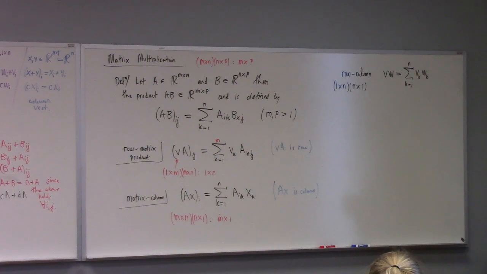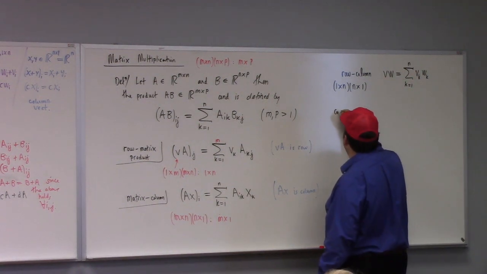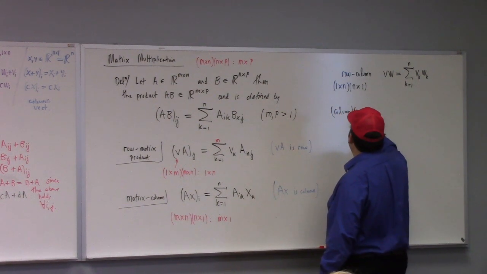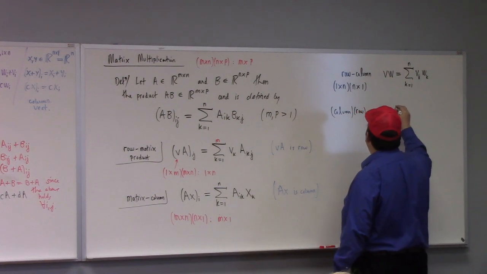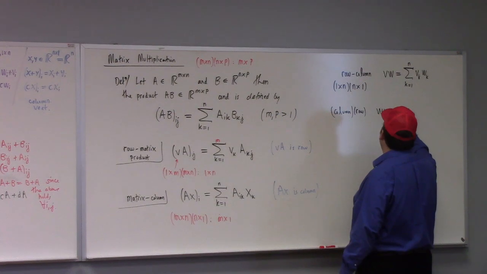What's the other thing that could happen? Although I think this is already technically covered by the previous formula, notice that if you had a column times a row, you just flip the script here.